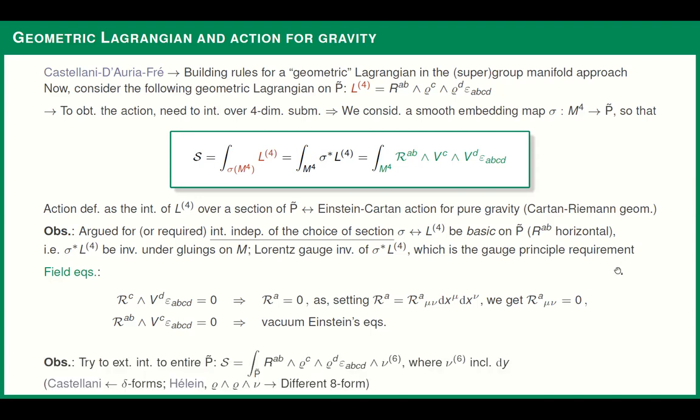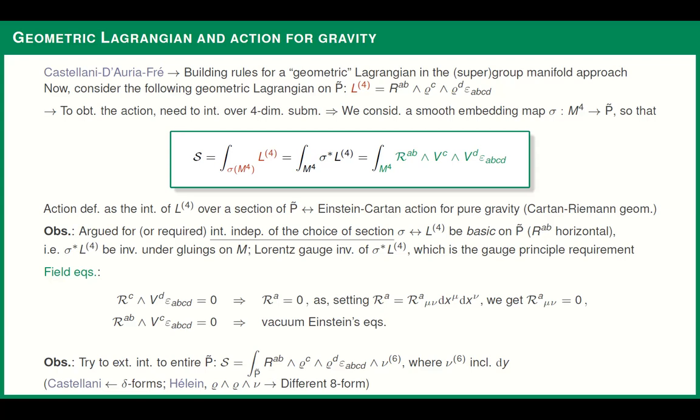Then let me just mention that one can also think of trying to extend this action, and say, okay, I would actually want to integrate over the whole bundle, not only on this section. And this would mean that now you are integrating over a 10-dimensional manifold, and so you have to integrate a 10-form.